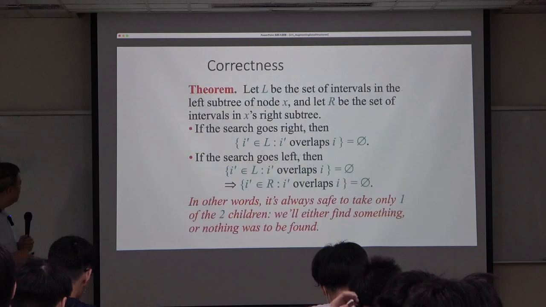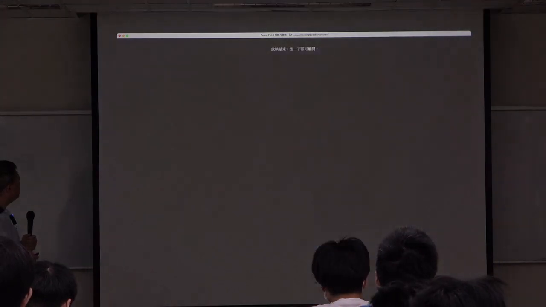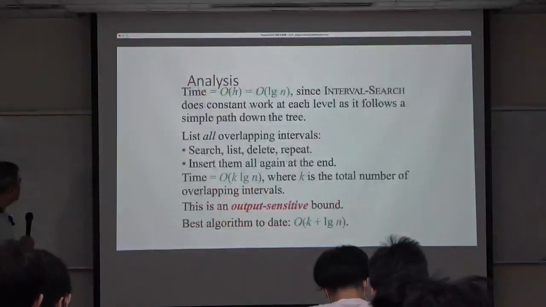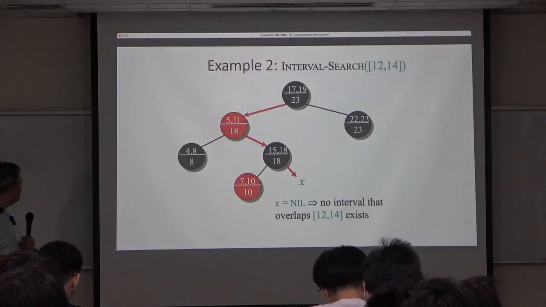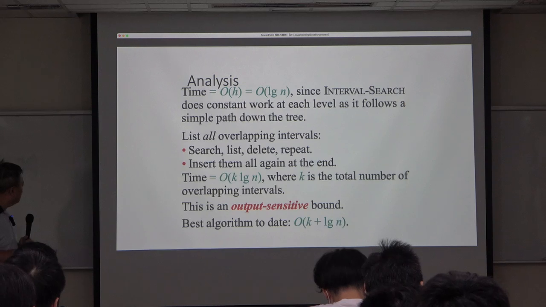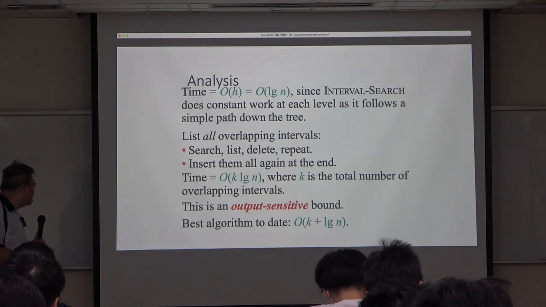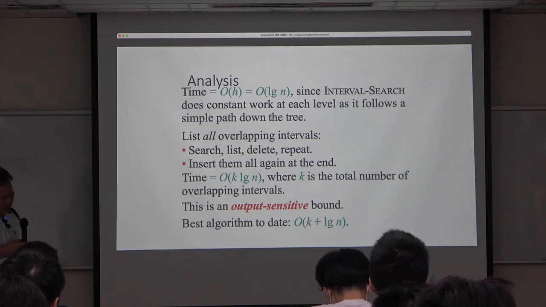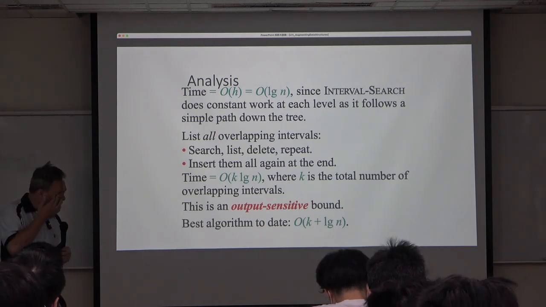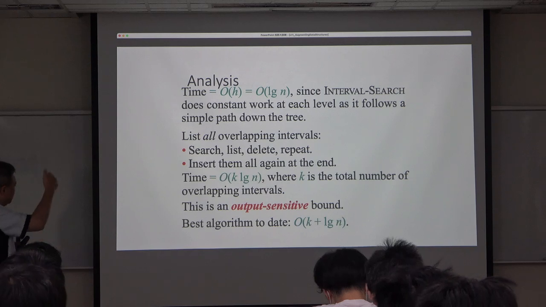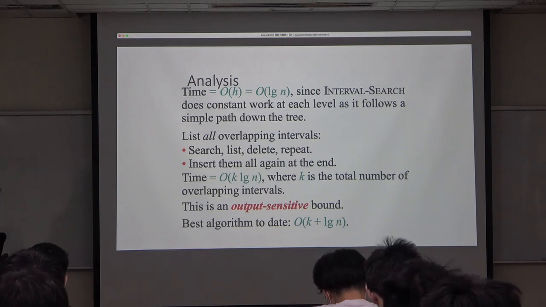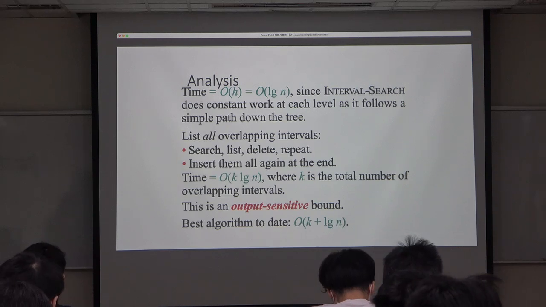So we talked about the interval tree, and we also talked about the analysis. The analysis is pretty straightforward. This operation takes at most the height of the tree, so it's log n.